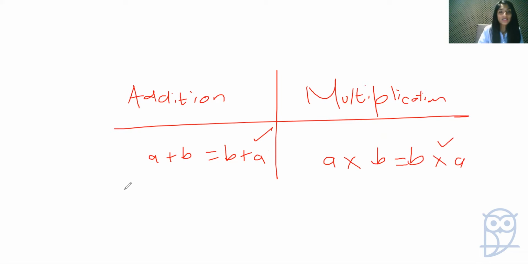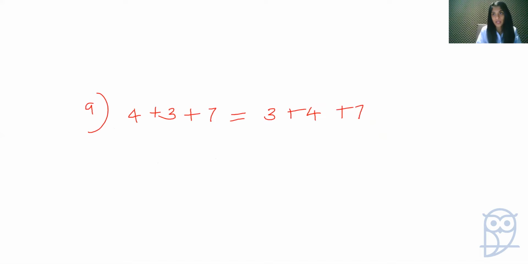For example, 4 plus 3 plus 7 is equal to the same as 3 plus 4 plus 7. Everybody agreed that that would be it.